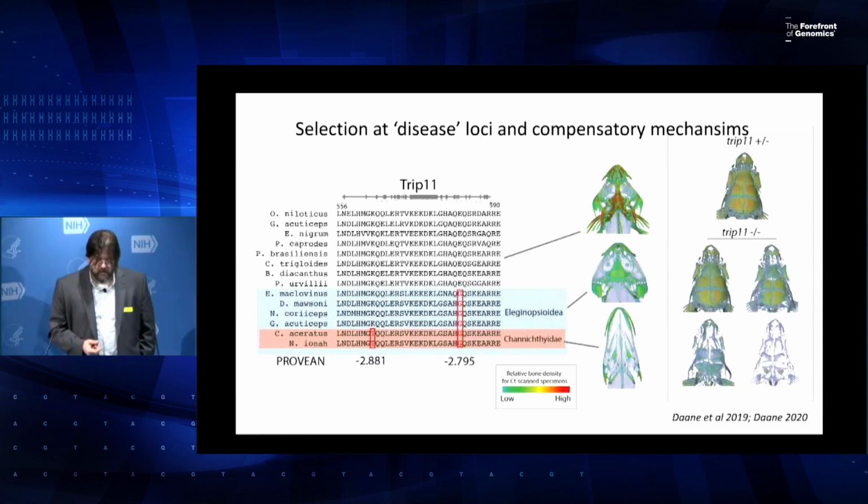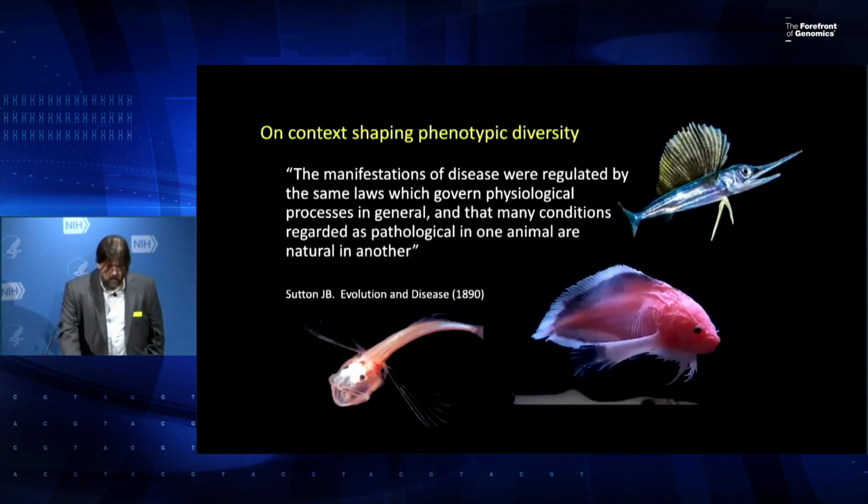And so it's very similar type mutations occurring in this particular protein, leading to a skeletal pathology that mirrors that in human disease, but in this case has been selected for. So here's a quote addressing that. And so one would think that we were kind of onto something hot and this is something new and cool.